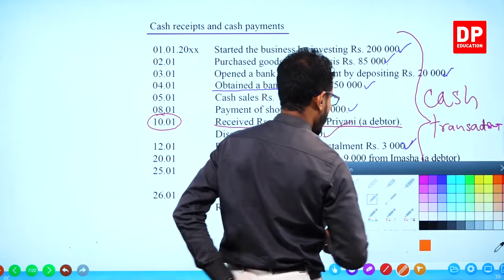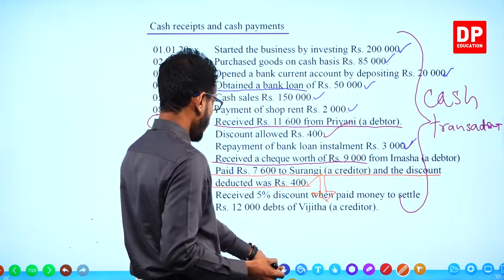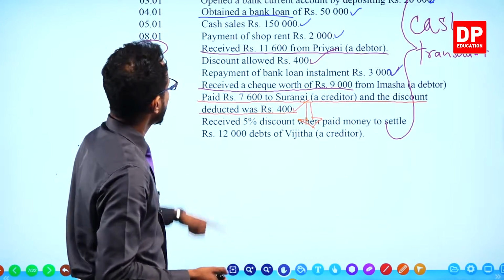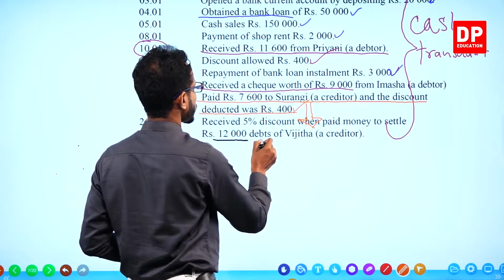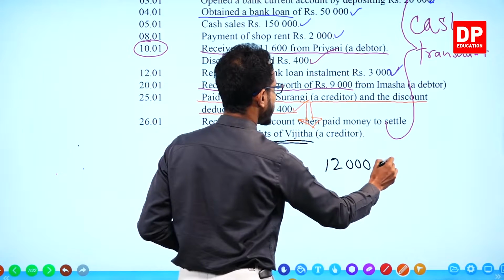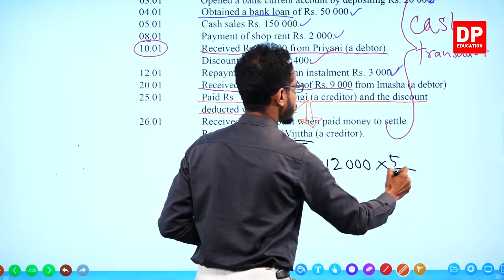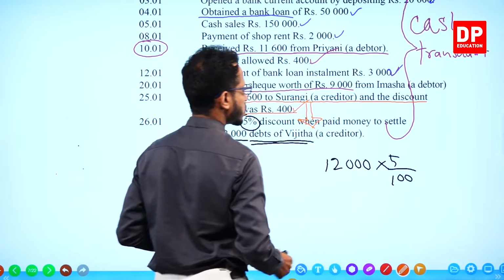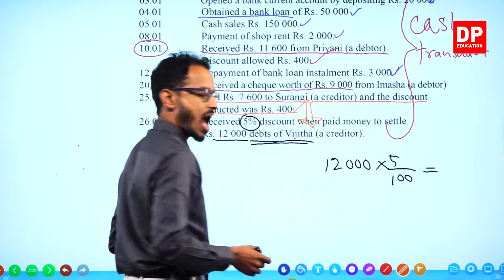We have to do a calculation here, children. We have to pay 12,000 to Vijitha. For this 12,000, we received a discount of 5%. 5% from 12,000. Answer is how much?